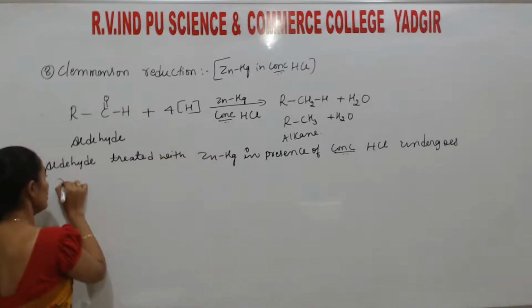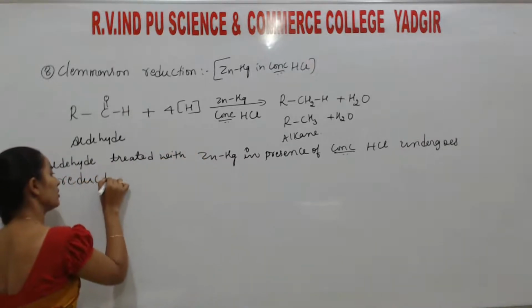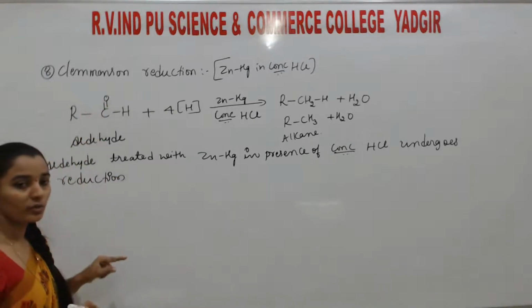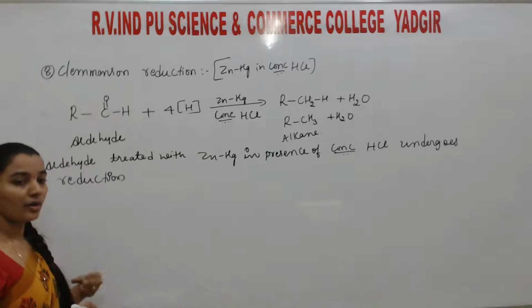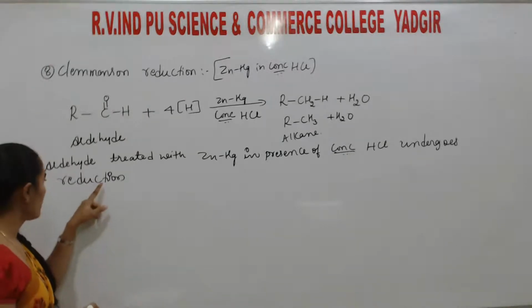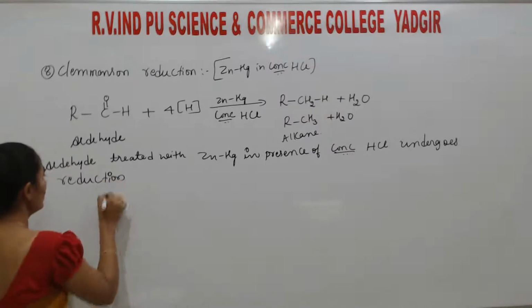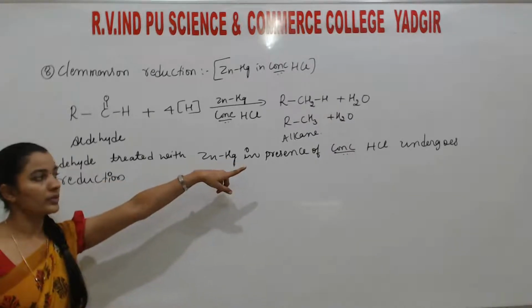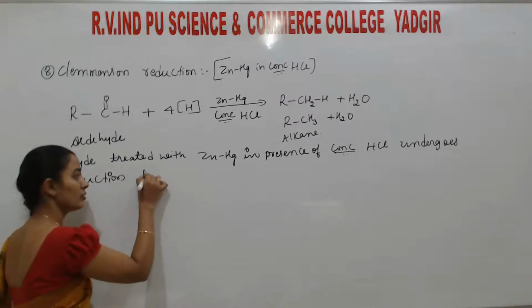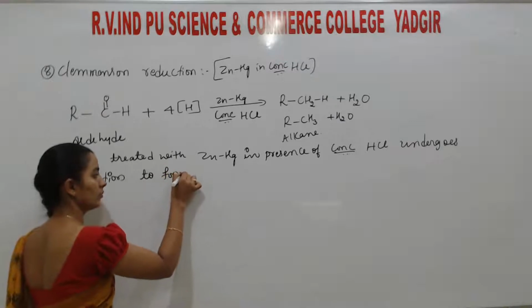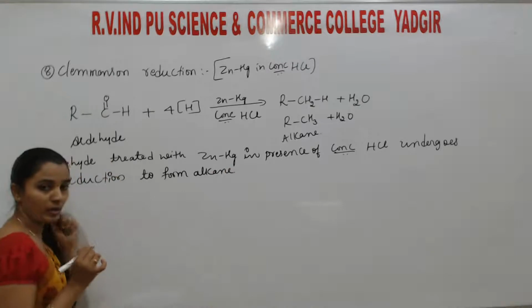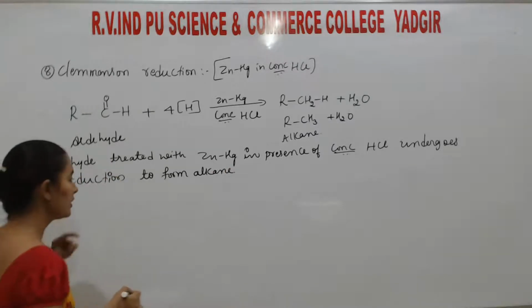Addition of hydrogen is reduction, and at the same time oxygen is also removed. Addition of hydrogen and removal of oxygen together is called reduction. So aldehyde treated with zinc amalgam in presence of concentrated HCl undergoes reduction to form alkane. This is for aldehyde. Later I will explain ketone.